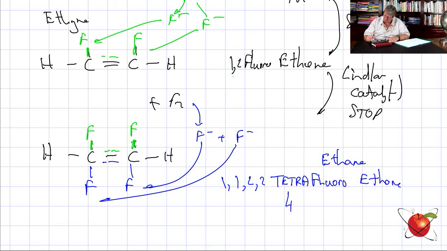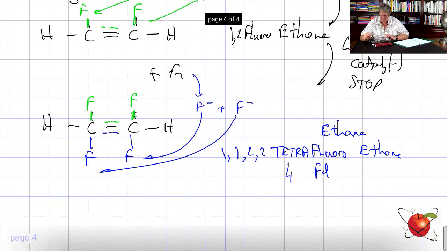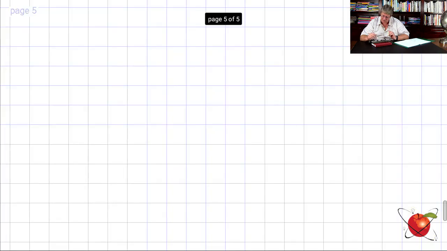Tetra is 4. There's 4 fluoros, and where are they connected? 1 on 1, 1 on 1, 1 on 2, and 1 on 2. Okay? Tetrafluoroethane.